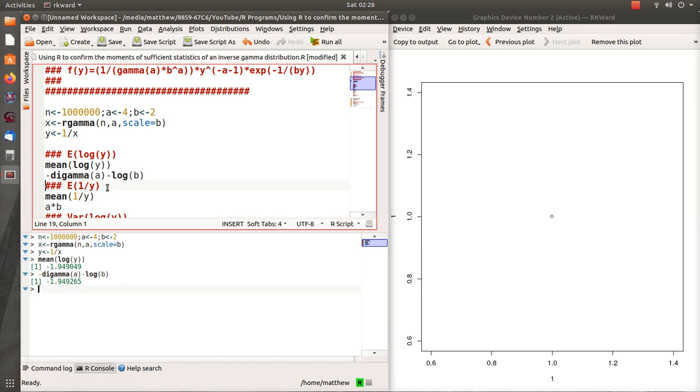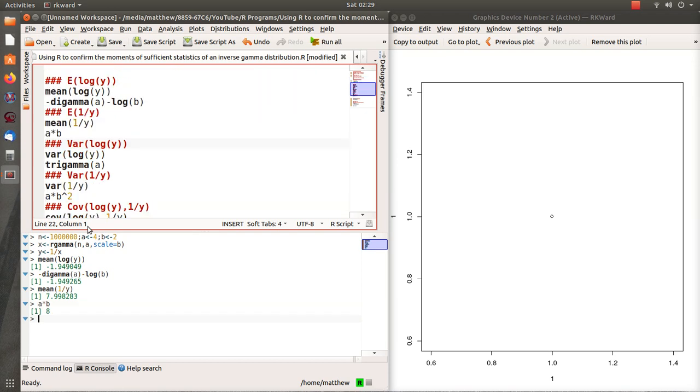We calculated the mean of 1 over y, and we simulate that as 7.998, and the theoretical calculation was alpha times beta, which is 8, 2 times 4, and 7.99 is pretty close.